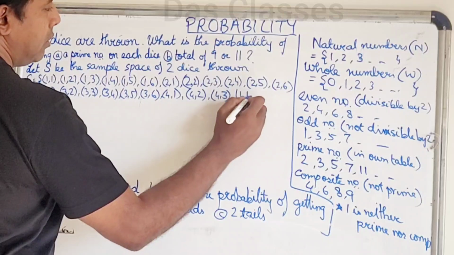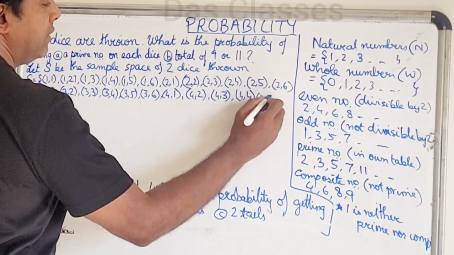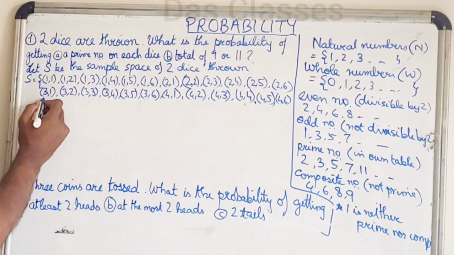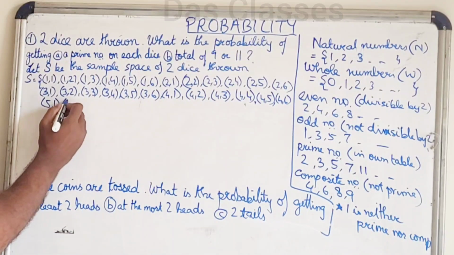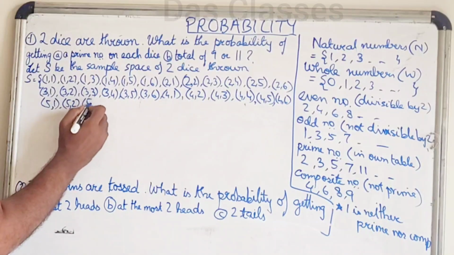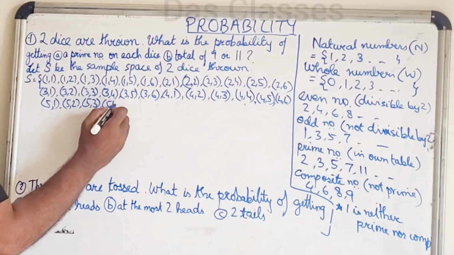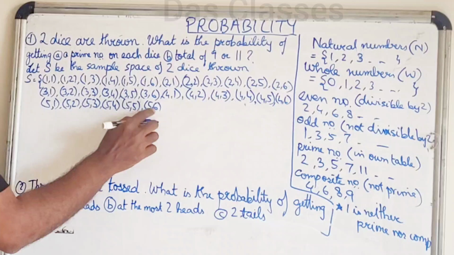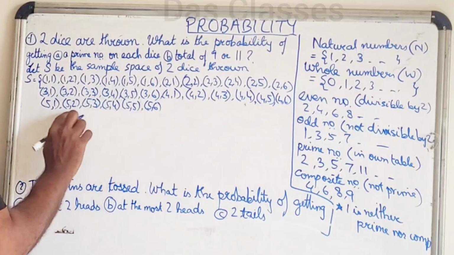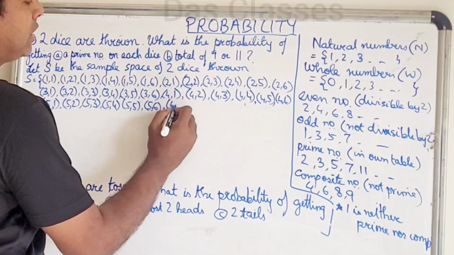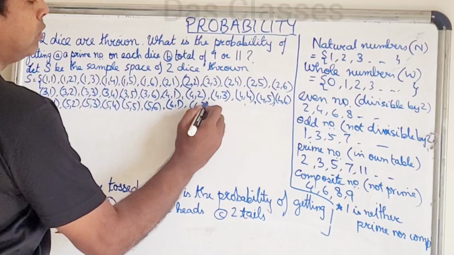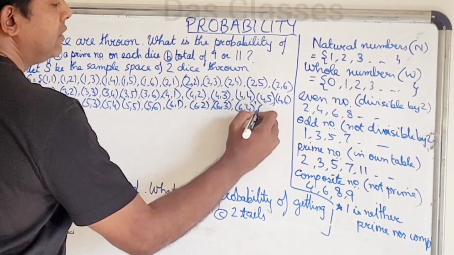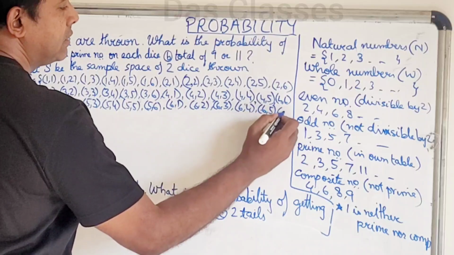I'm taking the complex sums, so this is so lengthy. Most of the time the sums are quite simple. 4 6, 5 1, 5 2, 5 3, 5 4, 5 5, and 5 6. That is, on the first dice it's 5, and the second dice has the respective numbers, or 6 1, 6 2, 6 3, 6 4, 6 5, and 6 6.